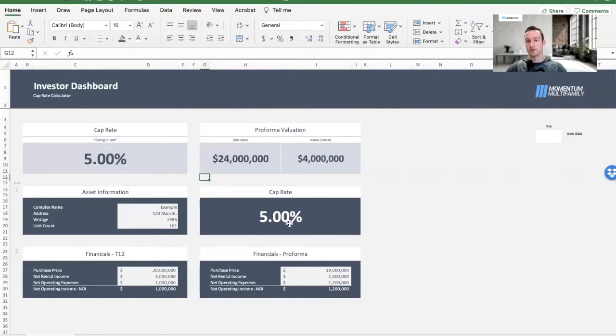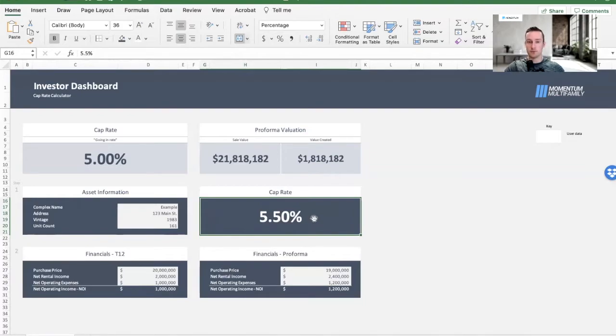Institutions on average look at 10 basis points per year over the life of the investment. So if you're looking at a 5-year hold, that's 50 basis points on top of your going in cap rate. In this example, that would mean an exit cap rate of 5.5%. That's a general industry rule of thumb, and you can base it roughly around that.